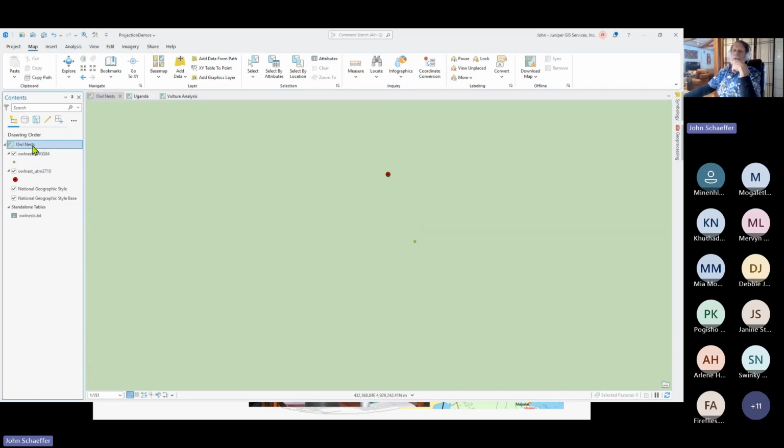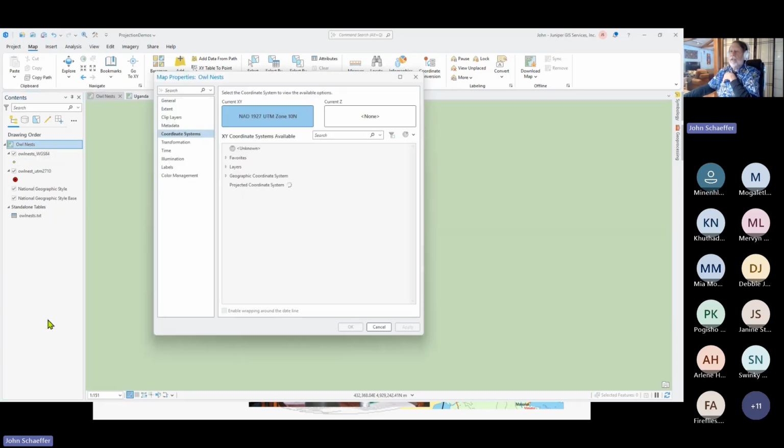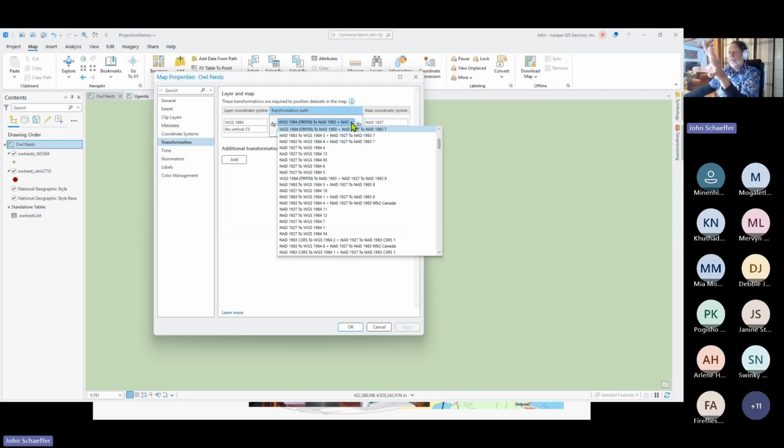So I'm going to go back to my ALNES data frame, right-click, Properties, Coordinate System, but I'm going to check Transformation. ArcGIS, I forgot to show you this before, but this was set to nothing. ArcGIS automatically calculated what it thought was its best geographic transformation.